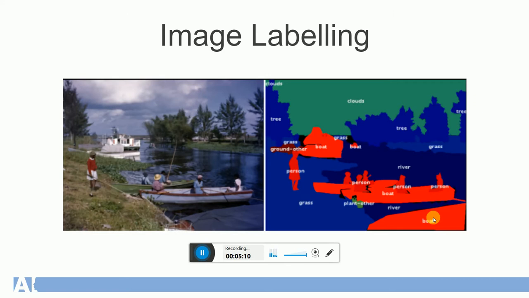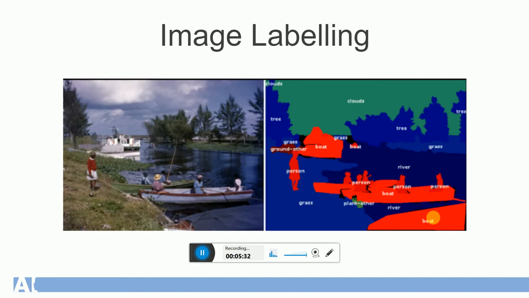So how does it actually work? There is a solution developed by Google called fluid annotation, which cuts down the image labeling time dramatically. Within a blink of an eye, it can be done. Annotation starts from the output of an image segmentation model.